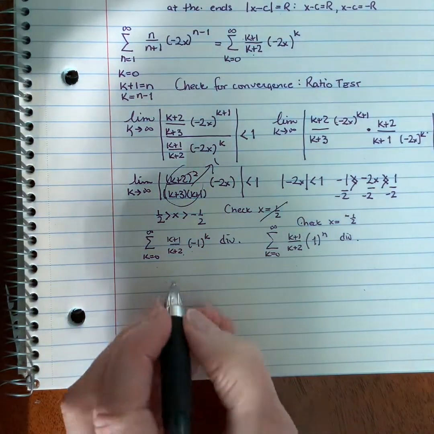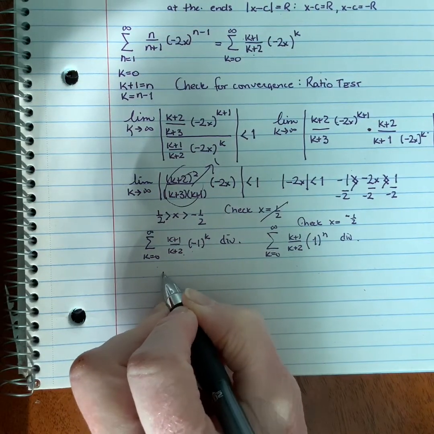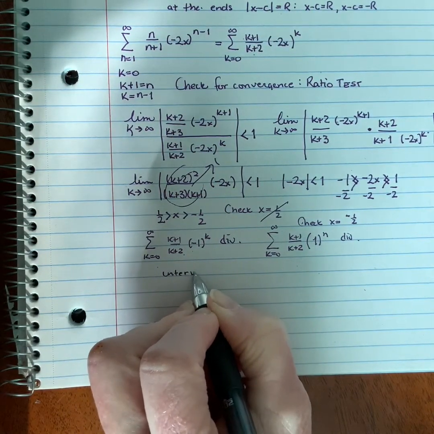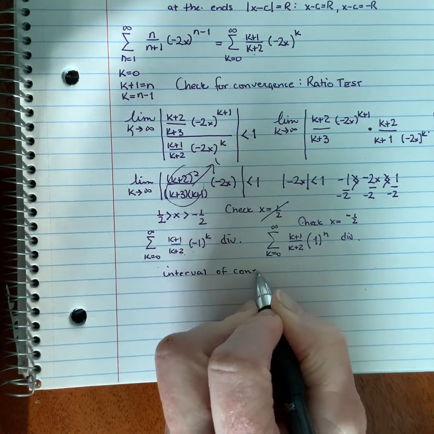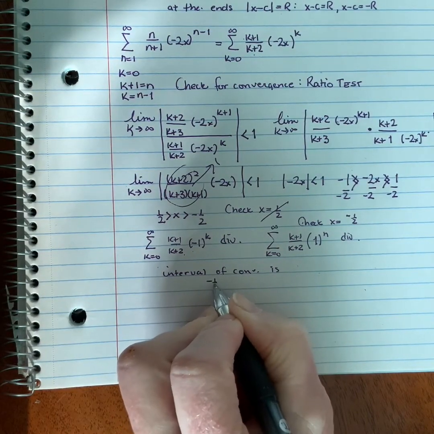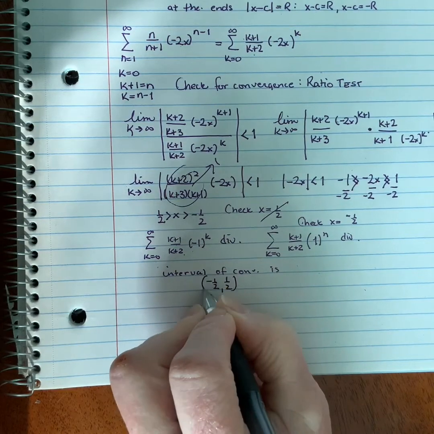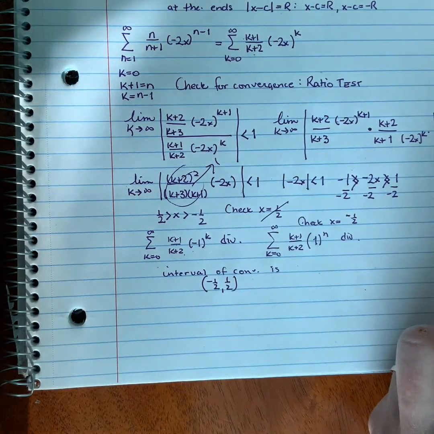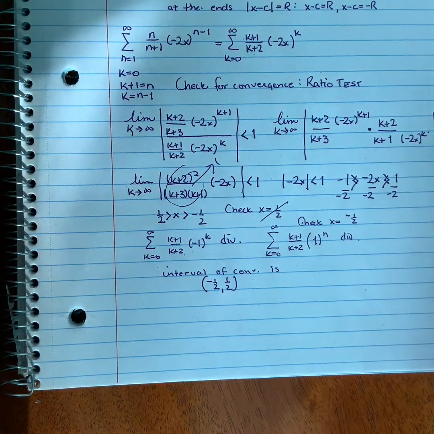We've got the interval of convergence. So our interval of convergence is minus 1/2, I'm going to start with the smaller one, to plus 1/2. You have to write intervals with smaller to larger. So minus 1/2 to plus 1/2. And we've got to figure out some other things, like what's the radius of convergence?